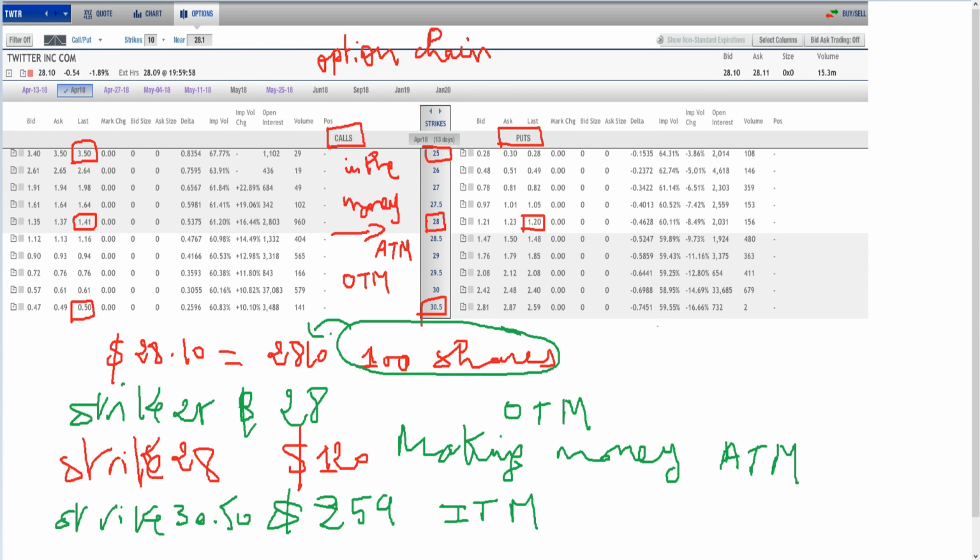It's not like a stock, where, for example, you buy a stock and risk 2%. I will just show you an example, just to make sure you understand this.